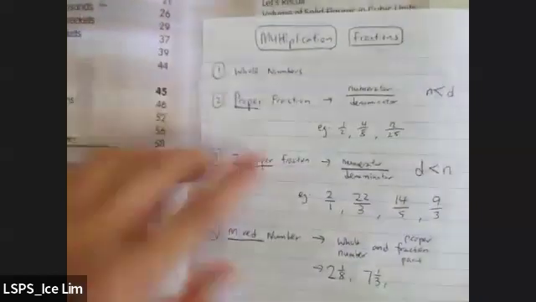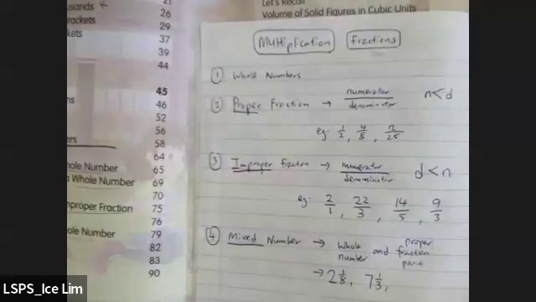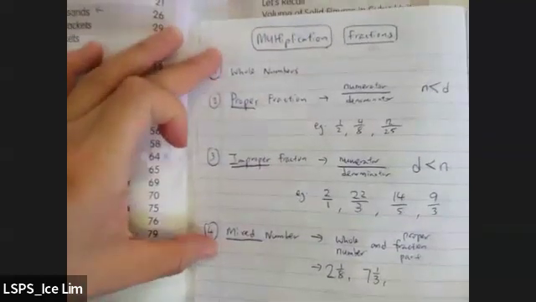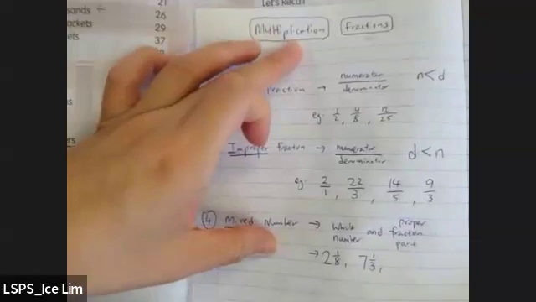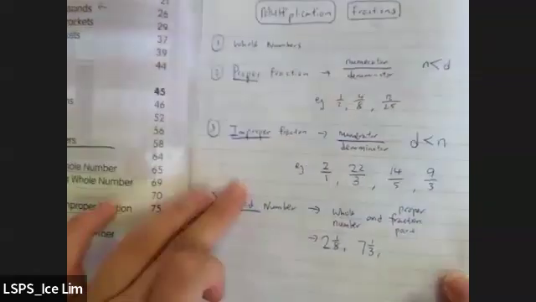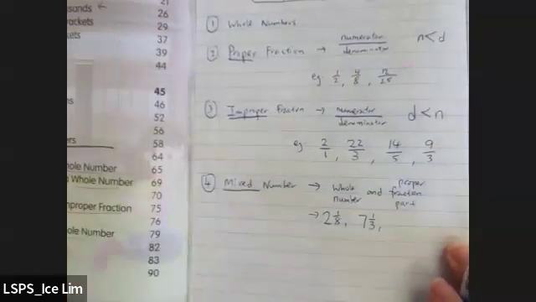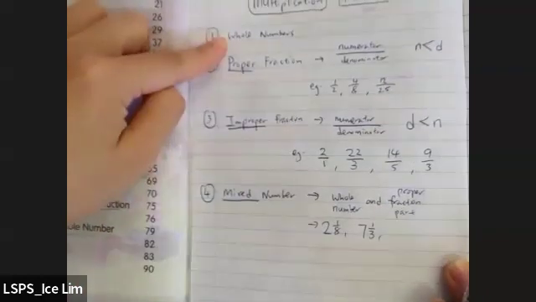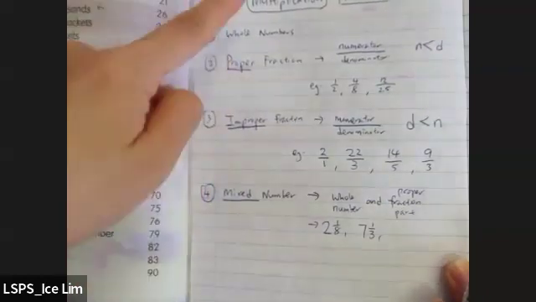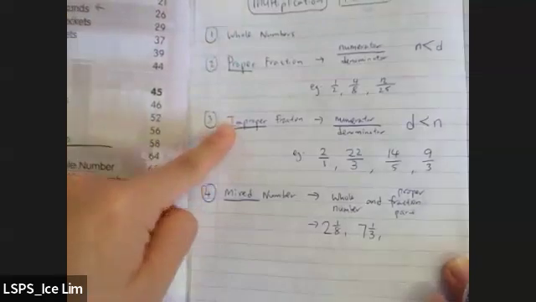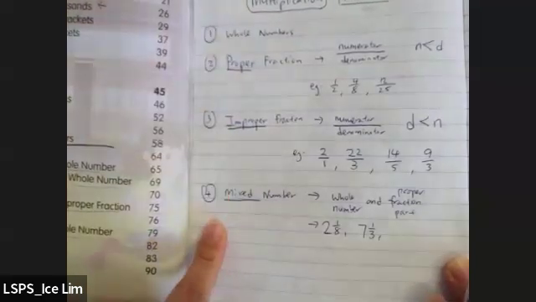So in this part of Primary 5, this whole section of multiplication of fractions, it can be any of these multiplied together. I can do whole number times proper fraction, whole number times improper fraction, whole number times mixed number.